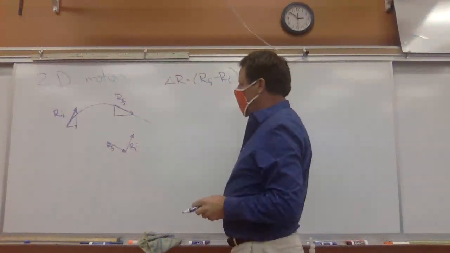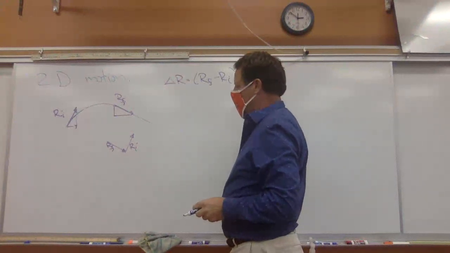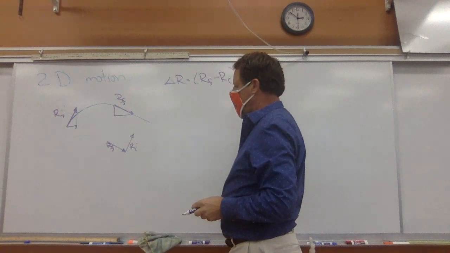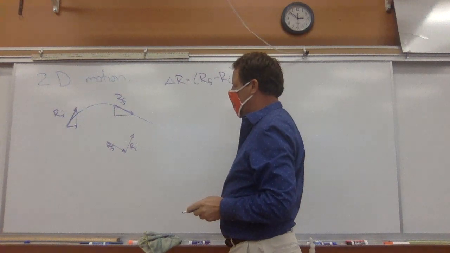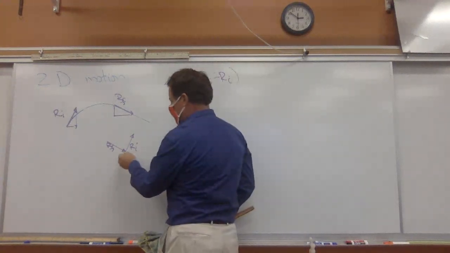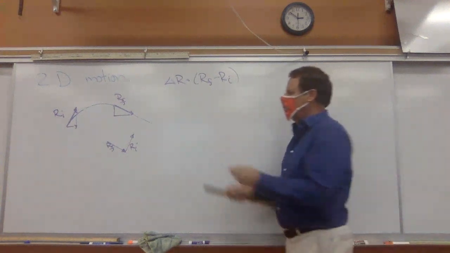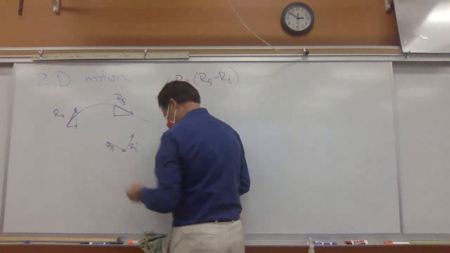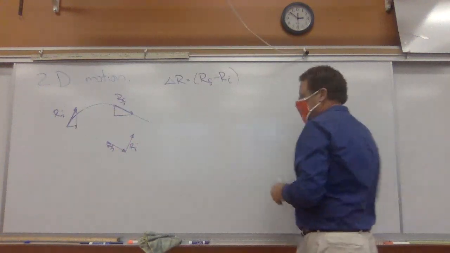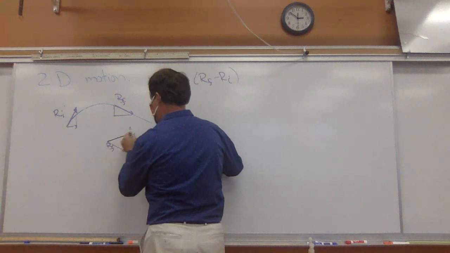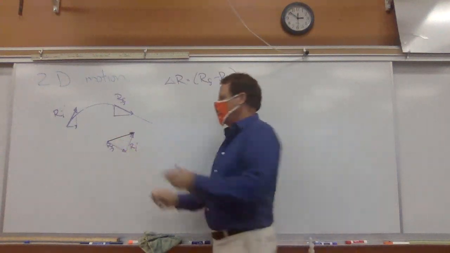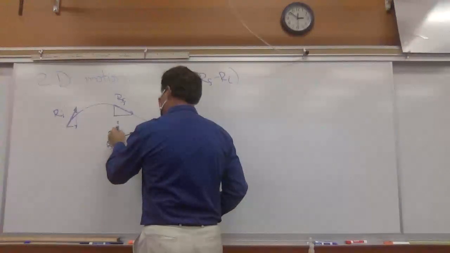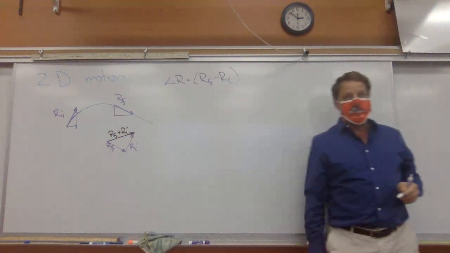Now, what we could do here is, if we say our final minus our initial, if we start here, I'll use a different color. This vector right here would be our final plus our initial, right?